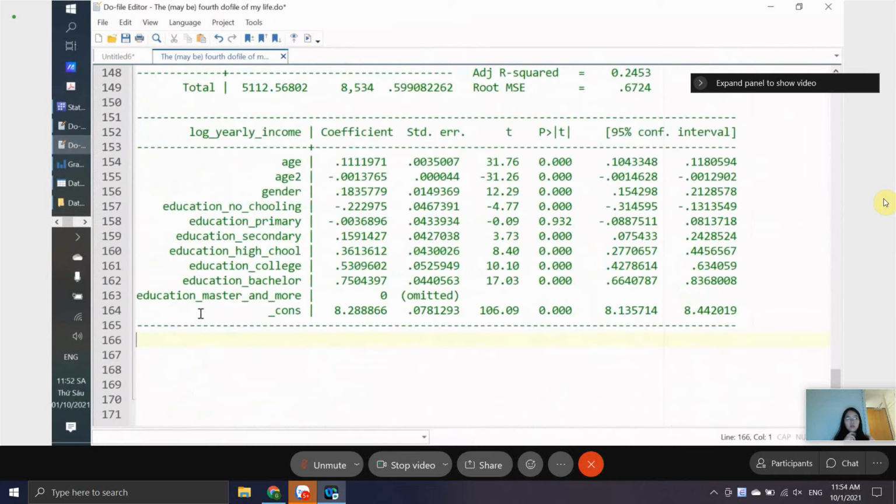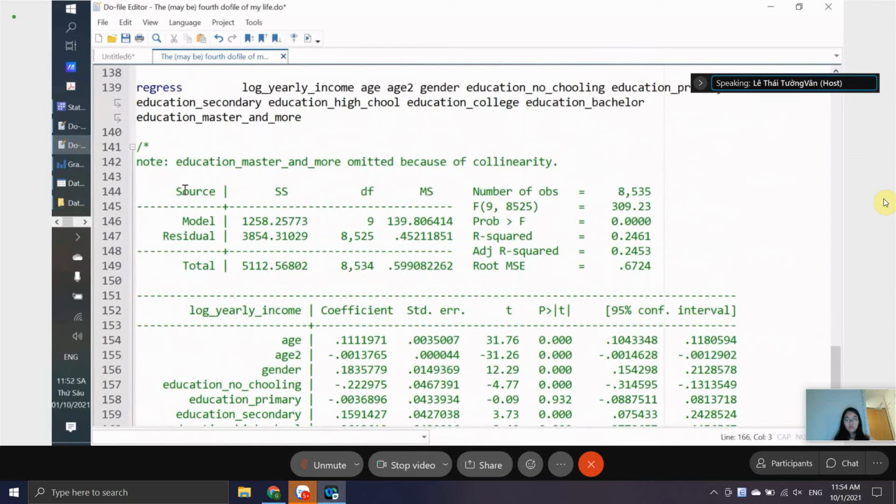See? It said education master and more omitted because of collinearity. When this happens, Stata will automatically throw out one variable, whatever it is, and run the estimation.